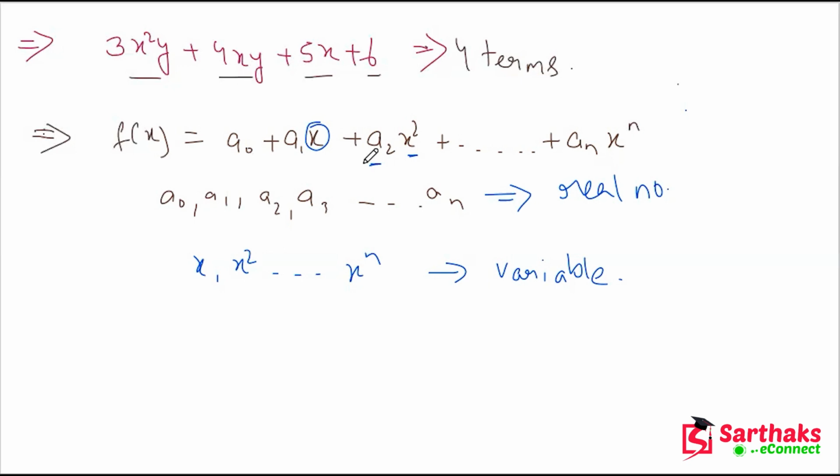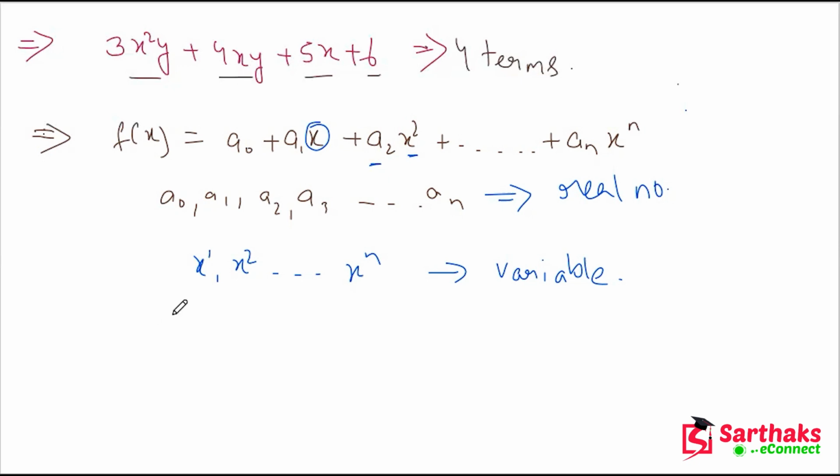So an algebraic expression can have any number of terms, and the coefficient in each term can be a real number. There can be any number of variables in the algebraic expression. But the most important thing is that the exponent on the variables, like 1, 2, 3, and so on, must be a rational number.